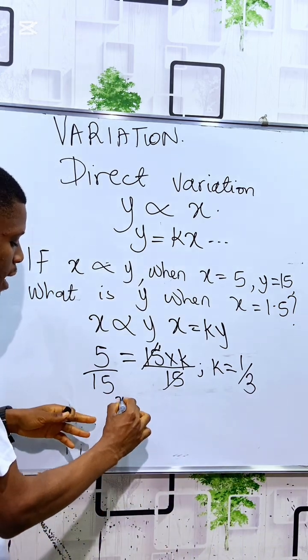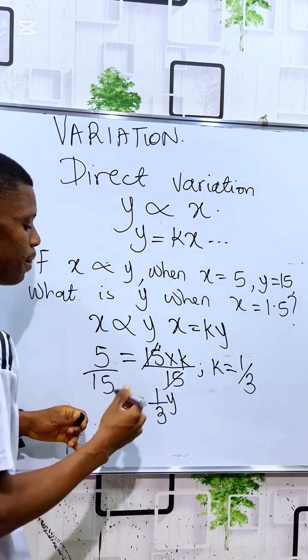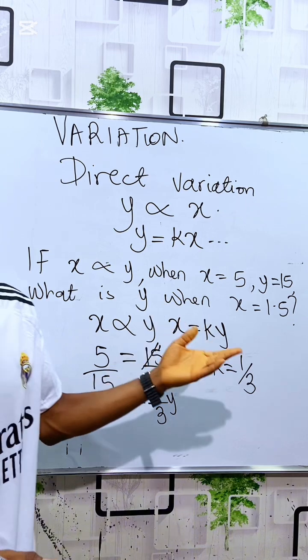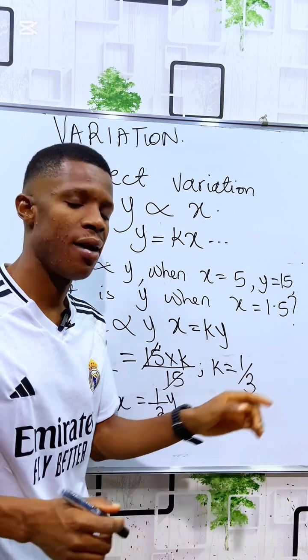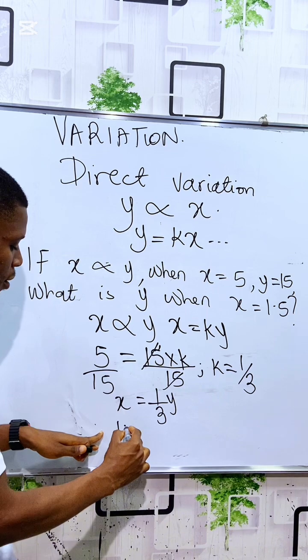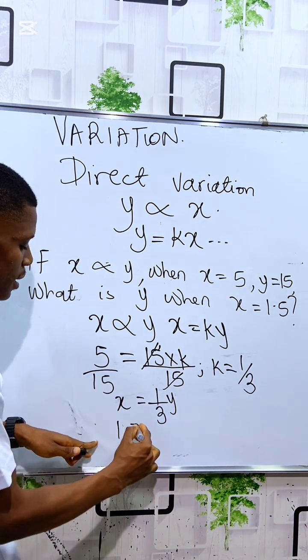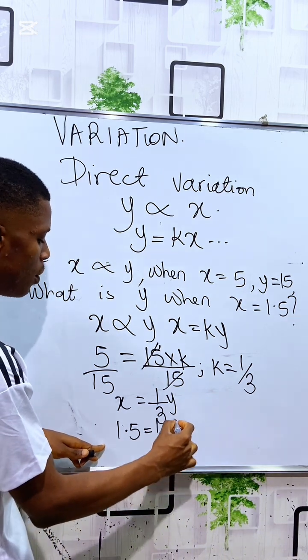Now we have that the constant of proportionality is 1/3. So we write that x is equal to 1/3 y. But here we are told to find the value of y when x is 1.5. So what you are going to do is just to put x to be 1.5, then it is equal to 1/3 y.